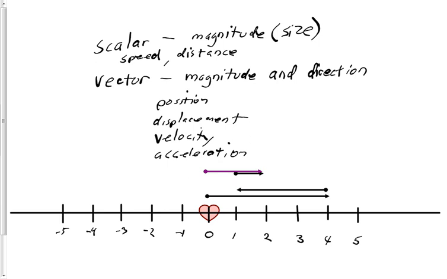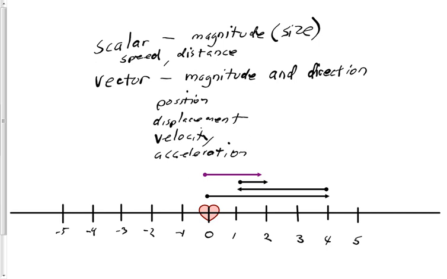You saw me actively doing it. I took these arrows and went from the tip of one, I put the tail of the next, the tip of one, the tail of the next, until I'm done, at which point I draw my resultant from the very beginning to the very end, and it shows a physical representation of how far I really went in terms of displacement.